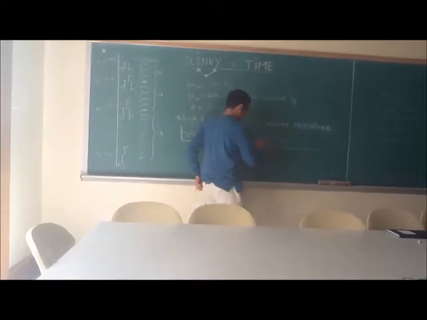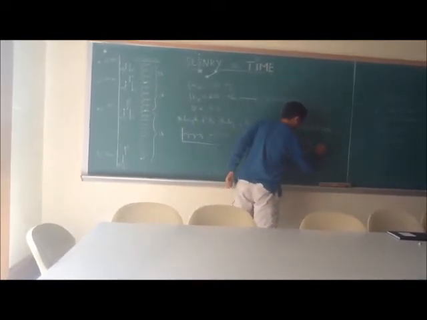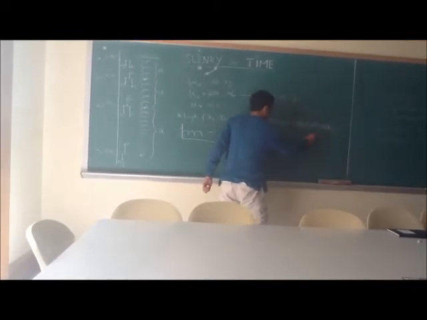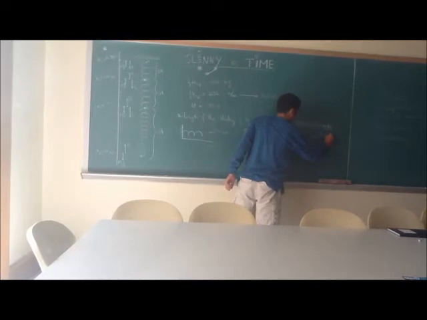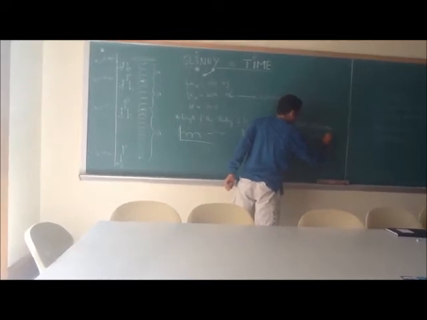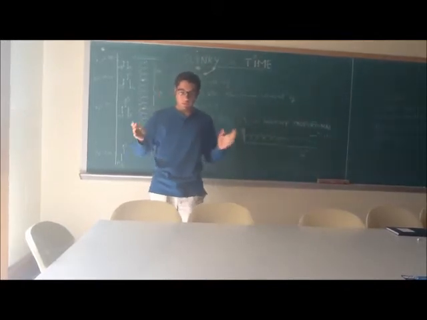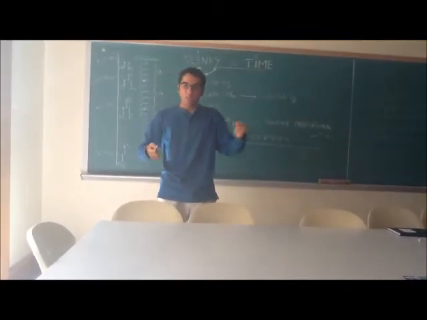And therefore, you can see that the extension is 2 delta x, giving 2k delta x.